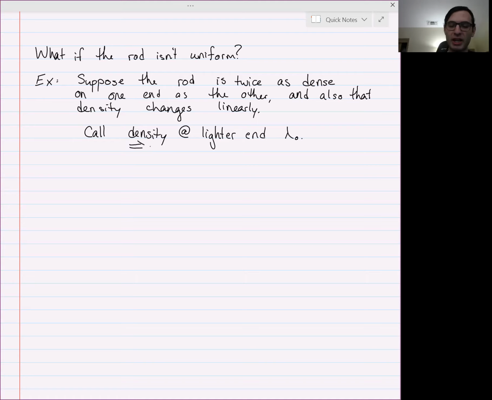And that would imply that the density at the heavier end would just be 2 lambda naught. It's twice as dense on the other end. We're not quite done because we'd like to know how the density changes with position, but we know that the density changes linearly. So we need a linear function.